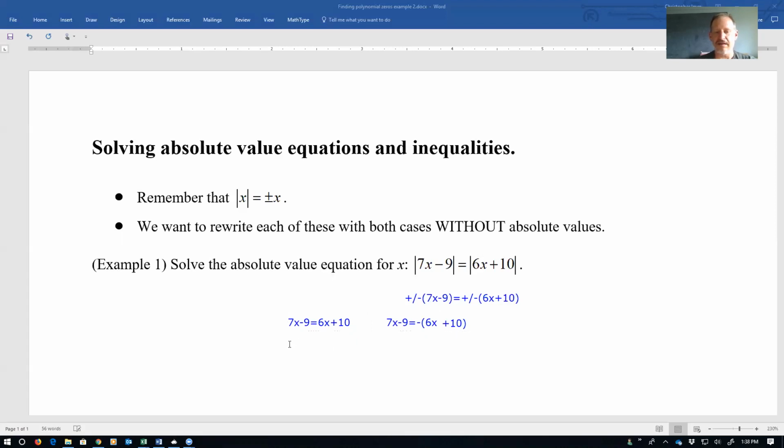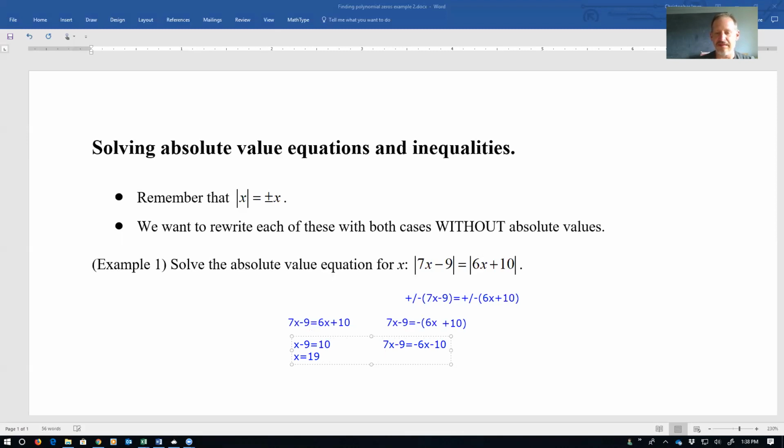If I solve for x on my left-hand side, I subtract that 6x over. x minus 9 is equal to 10. And then I will add over 9. x is equal to 19. On the other equation, I'll have 7x minus 9 is equal to negative 6x minus 10 if I distribute the minus.